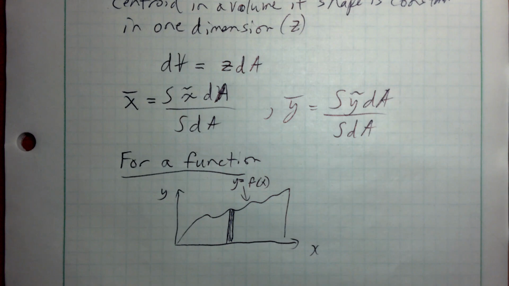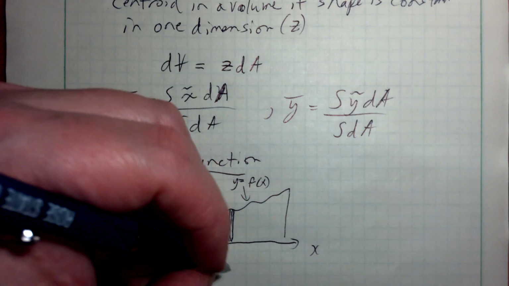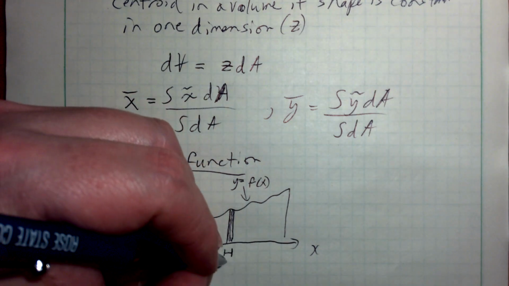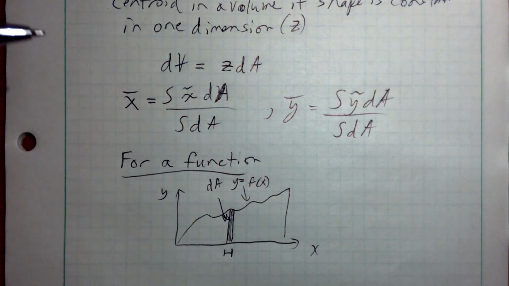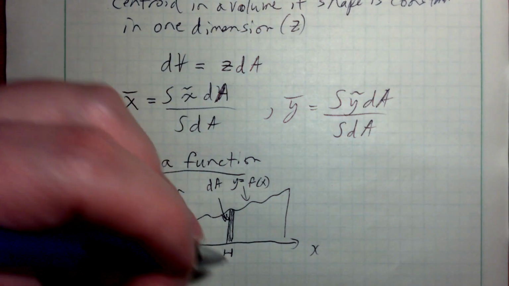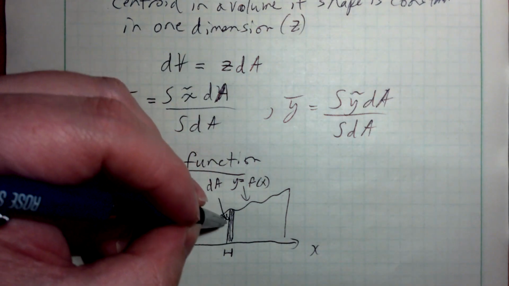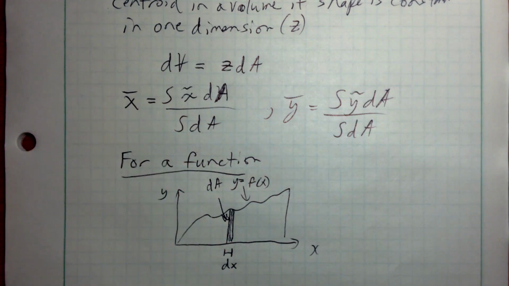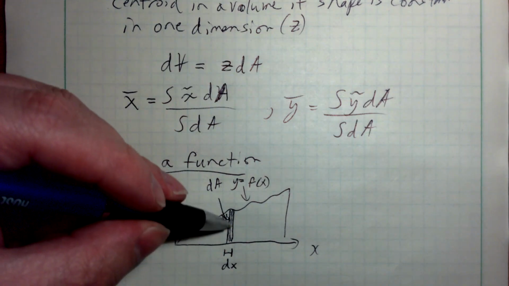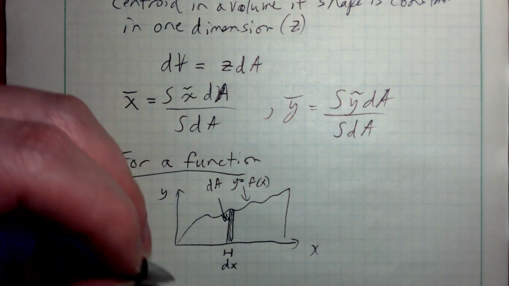Let's say that I have some differential slice of area, some dA, some differential area within this function. And if it's a differential size area, let's say that its width is a differential size slice in x, an infinitesimally small slice in the x direction.